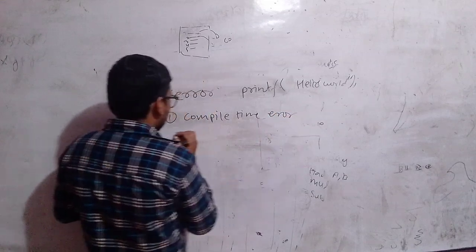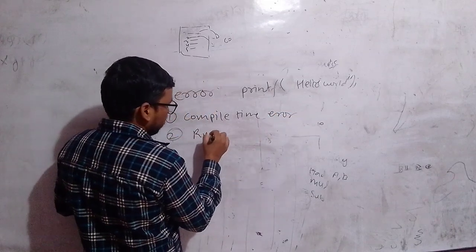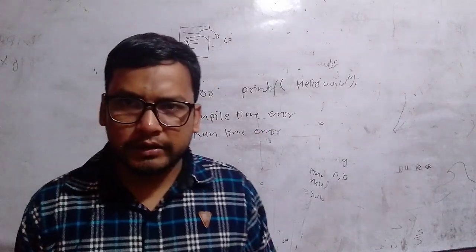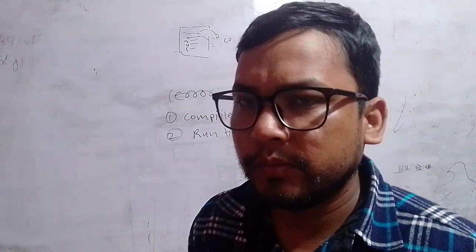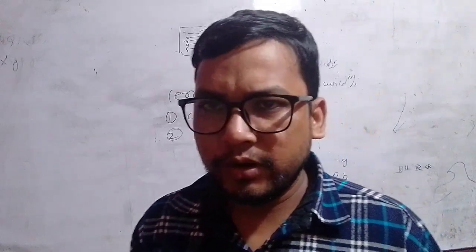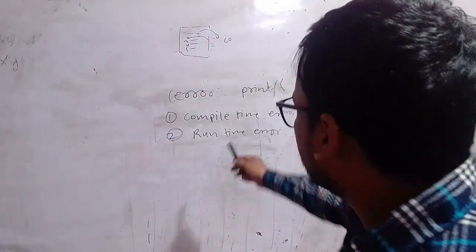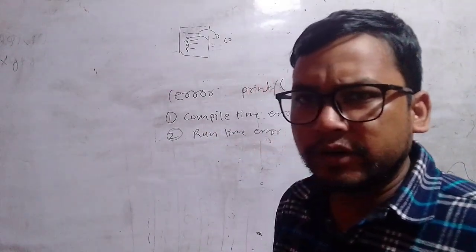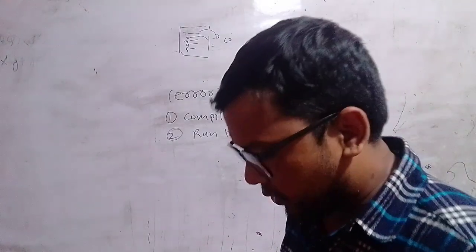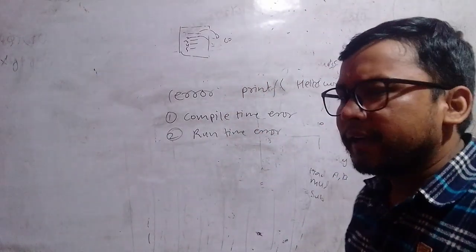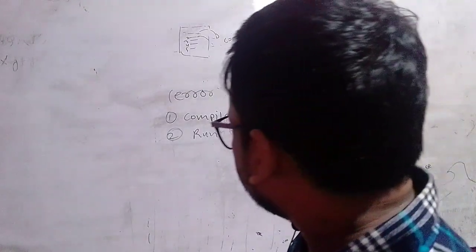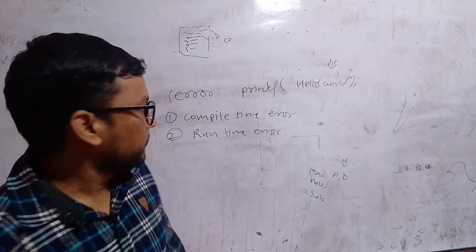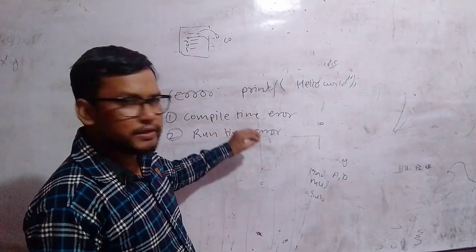When the compiler takes the program file and, while converting it into the object code, finds some error, it is called a compile time error. If the compiler finds an error, it will not execute the code and it displays the error message. In this error, the machine code, the object code, will not form, because the compiler displays the error.